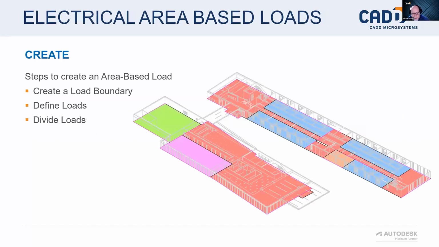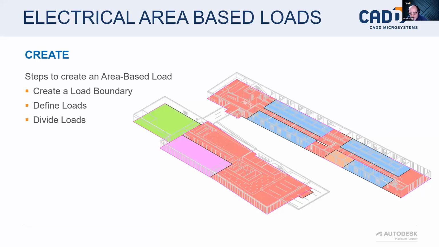As far as creating an area-based load, there are really three steps. We first have to create a load boundary, and we'll use a new tool inside of Revit called Load Boundary to create that. Essentially, it's just a closed-in line that defines the boundary.